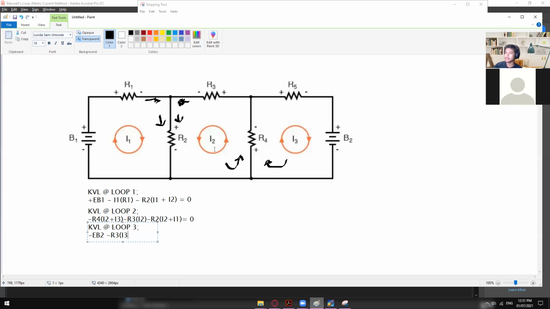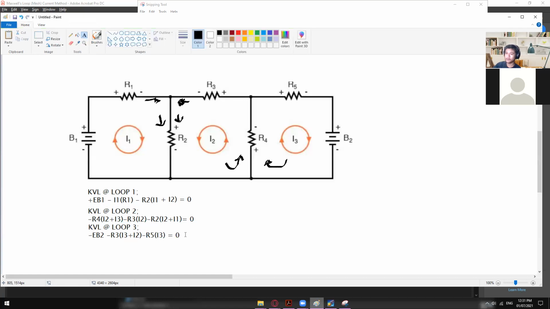And then as you guys can see, I2 and I3 have the same flow of current, so it's positive I2. And then minus R5 times I3 is equal to 0. Okay, so yeah, that's it for the third equation, or the loop number 3.